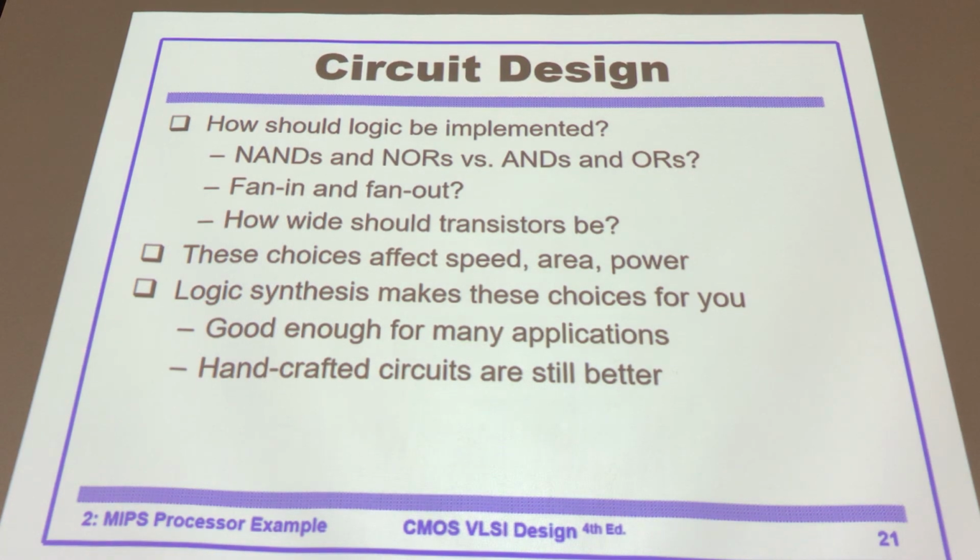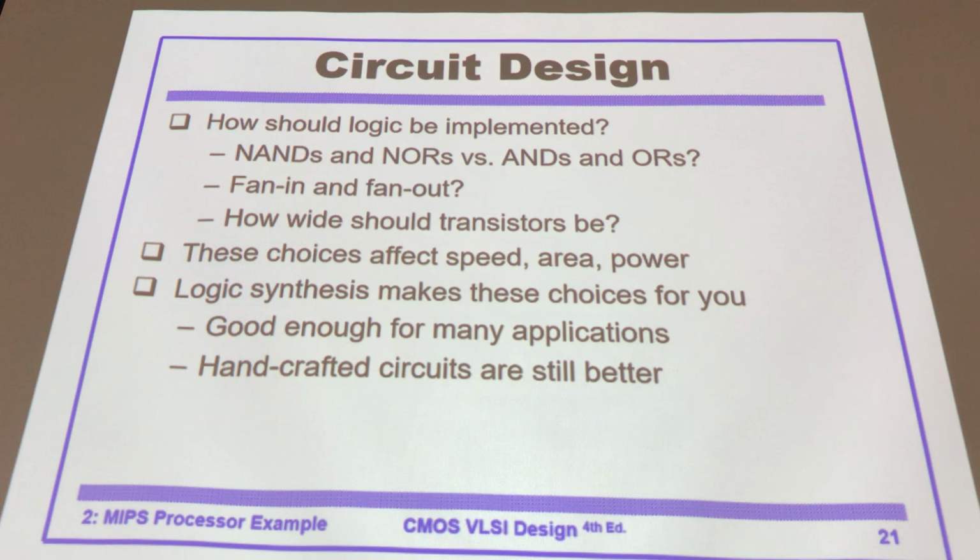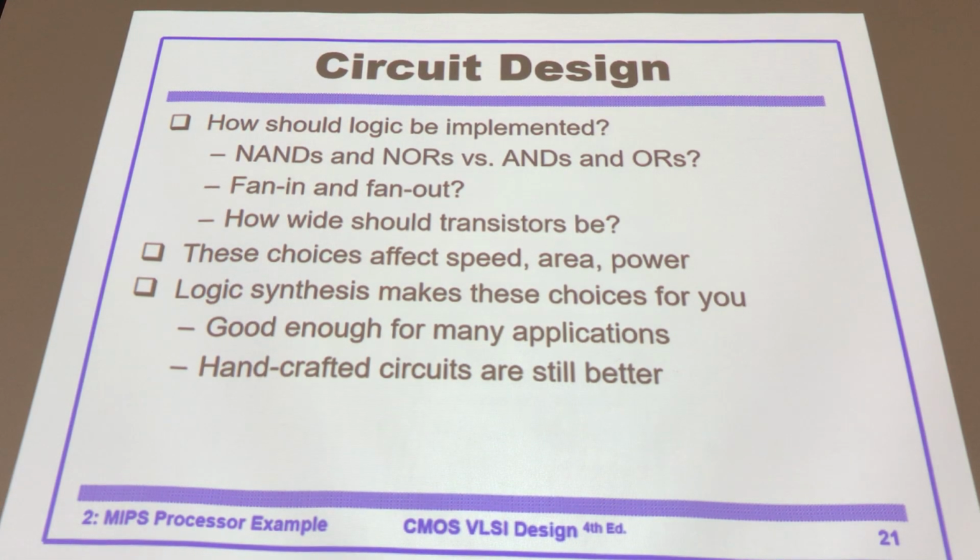And you need to consider fan in and fan out. Fan in is how many input pins for the gate, and fan out is how many following gates each output pin is going to drive. And also, as I mentioned before, how wide should the transistor be? We are adjusting the transistor width such that the circuit speed can meet the requirement.